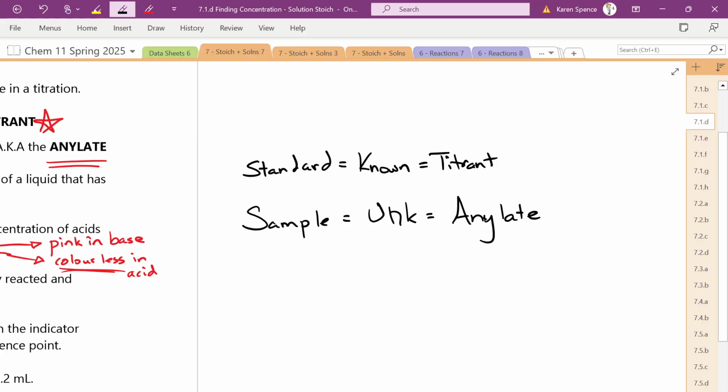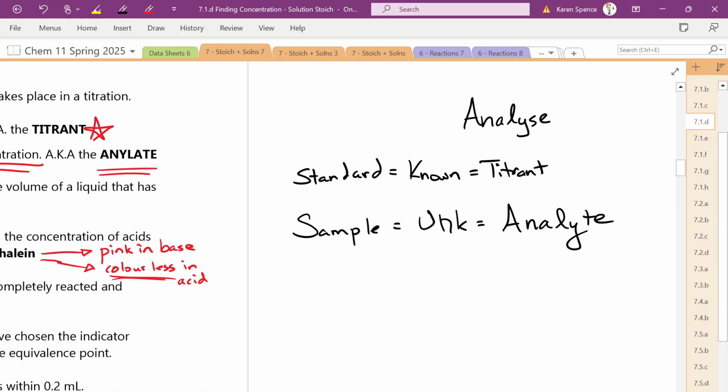Analysis. Analyze. Yes? I've spelt it wrong. It is not the analyte, it is the analyte. Let's fix it.